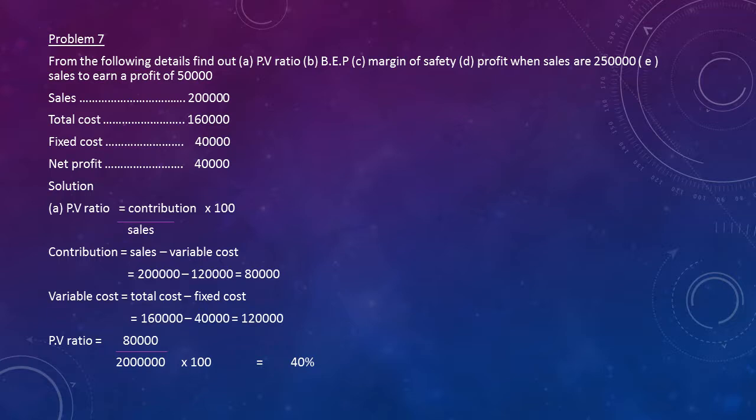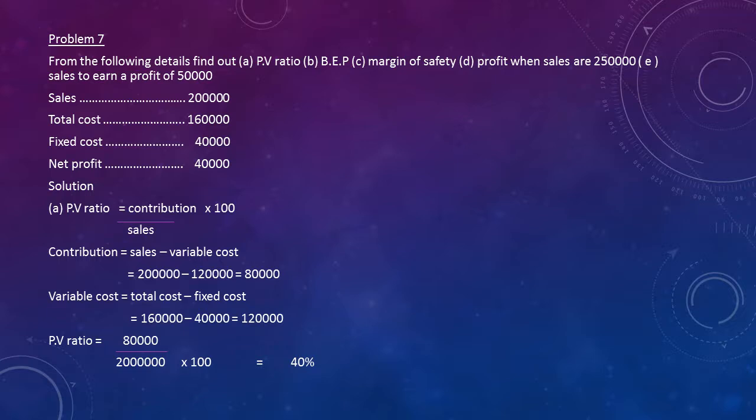The following details are given. Sales is 2 lakh, total cost 1,60,000, fixed cost 40,000, net profit 40,000. So let us see how we can calculate PV ratio.